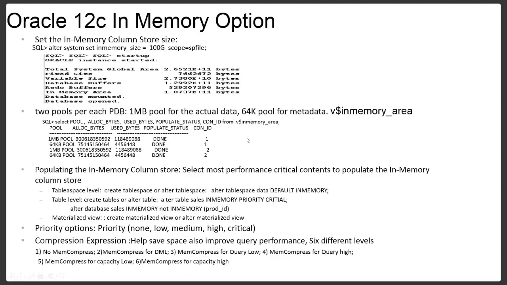Instead, in 12CR2, they introduced the join group concept. If you know these two tables will be joined by this key, you can create this join group statement. This statement tells Oracle that you will do this join later on.